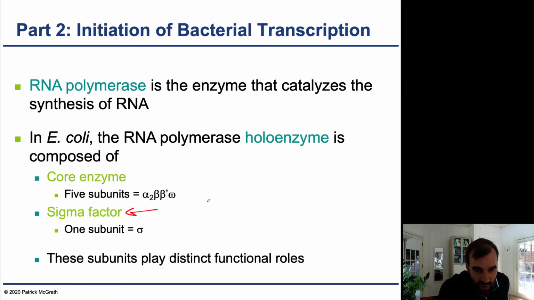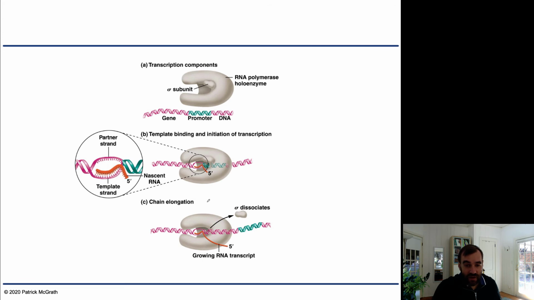The one that's most important, the one I really expect you to know for an exam, is the sigma factor. The reason is that the sigma factor is key for recognizing that consensus DNA sequence. The reason the DNA has to have something that matches that sequence is that the sigma factor is forming hydrogen bonds and allowing the binding between the RNA polymerase and the double-stranded DNA.